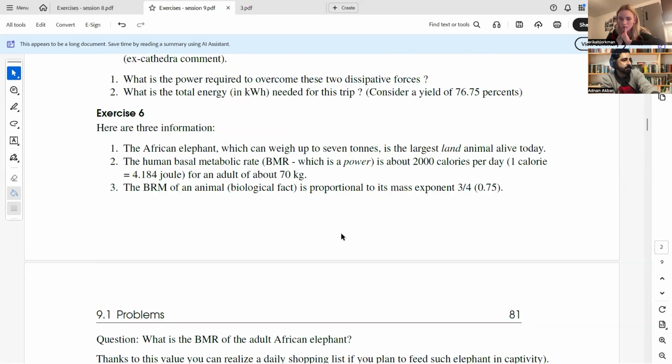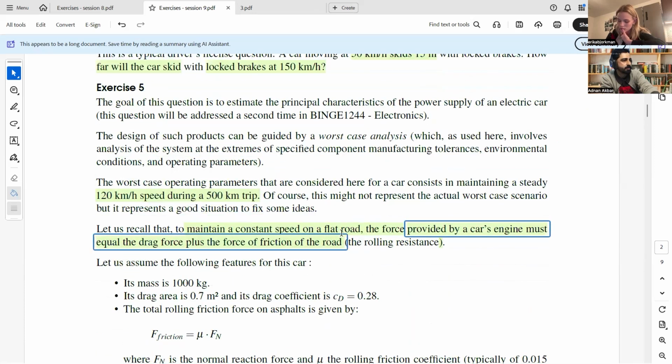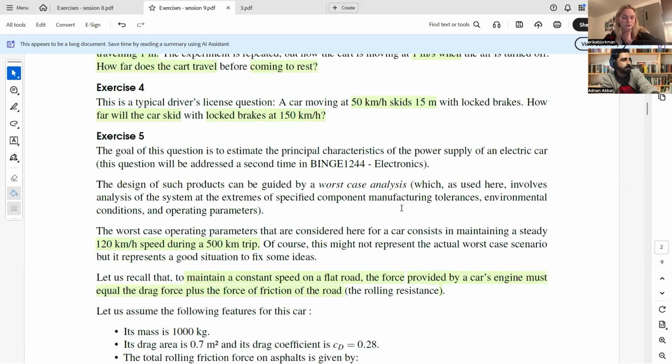Okay, now we are on question number 5. It is also another interesting but a little bit lengthy question. You need not read the whole thing, just read from this point.